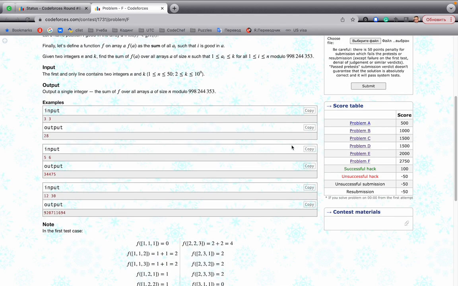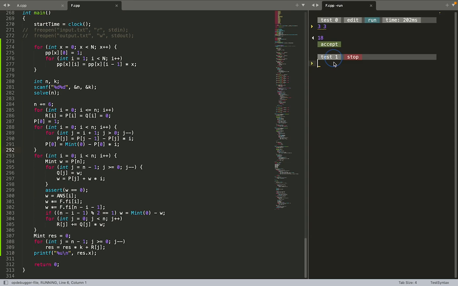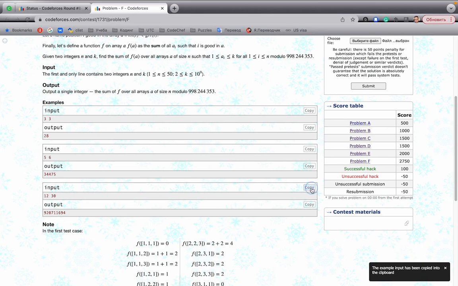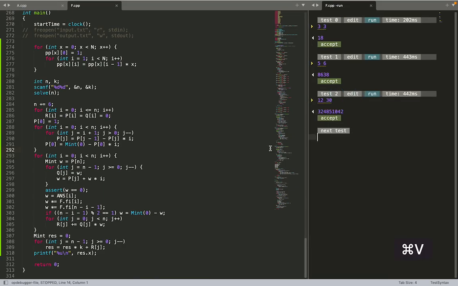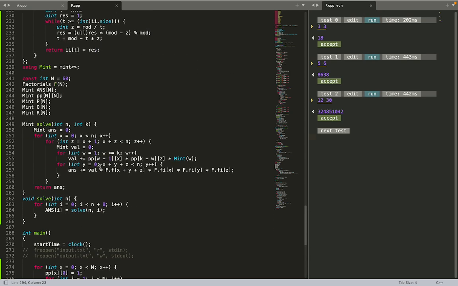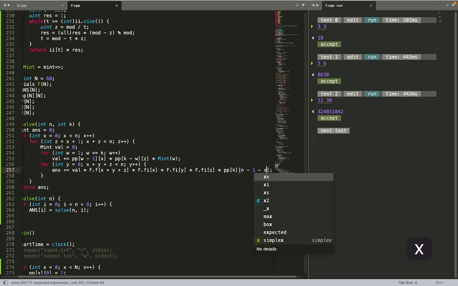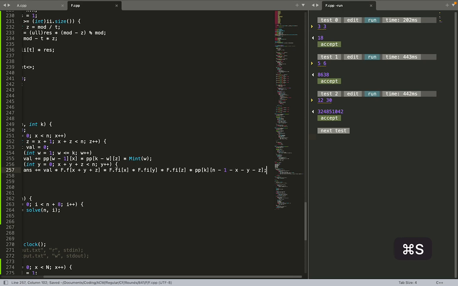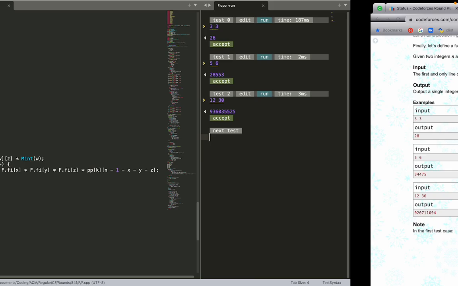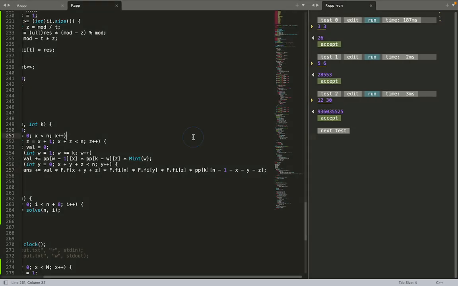That is incorrect. What did I forget? I forgot to multiply by k to the power of what's left. It's k to the power of n minus 1 minus x minus y minus z. Still incorrect.